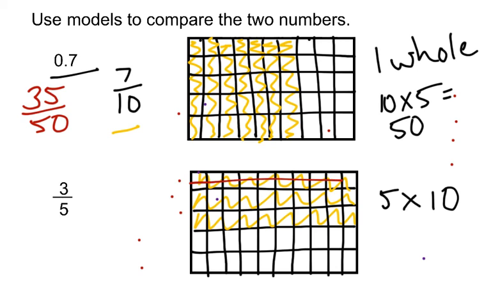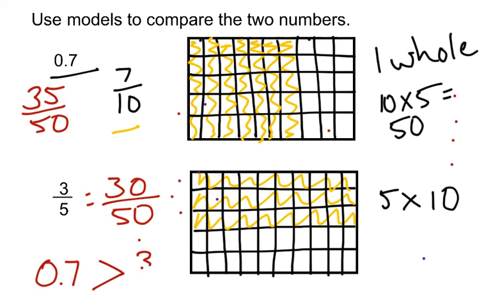And then I have 10, 20, 30, which is 30 50ths. So now I can see that 7/10 is greater than 3/5. So that's an alternative way of looking at fractions and decimals and comparing them, is to use models.